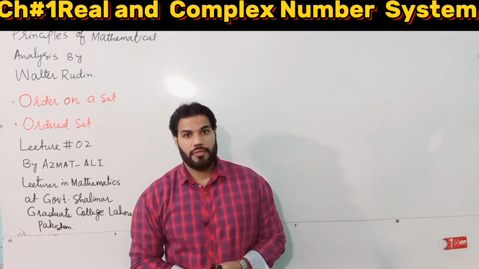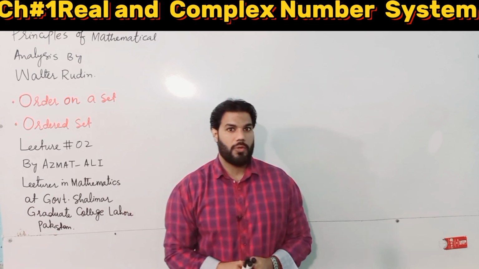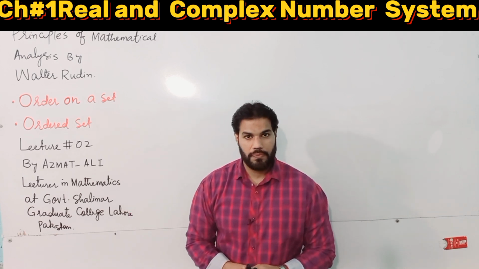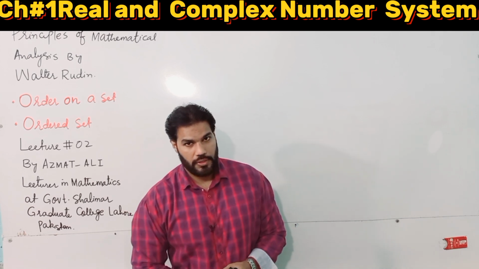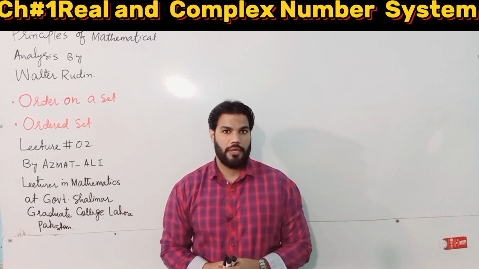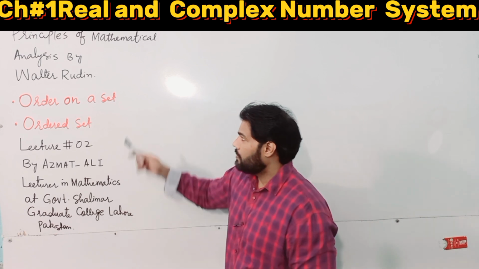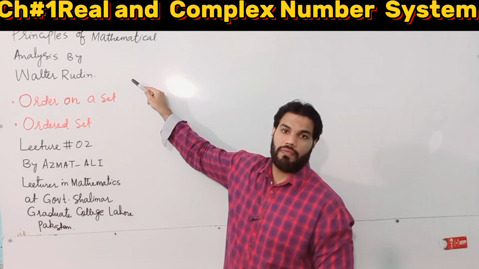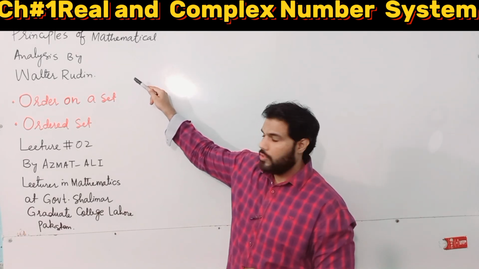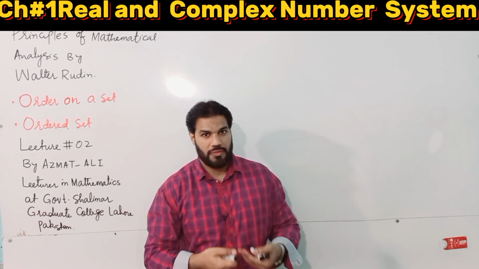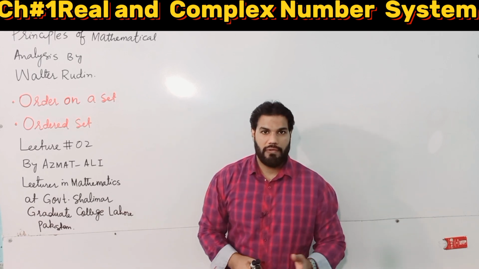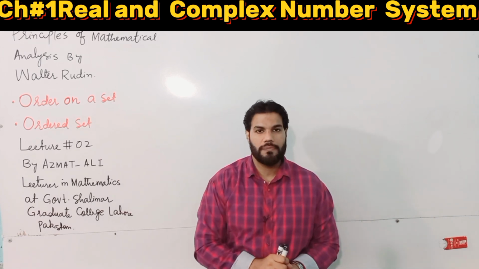In the last lecture, we discussed the rational and irrational number system, and further, I discussed Example 1.1 from the book Principles of Mathematical Analysis, written by Walter Rudin. So, in this complete course, I will follow this well-respected book.